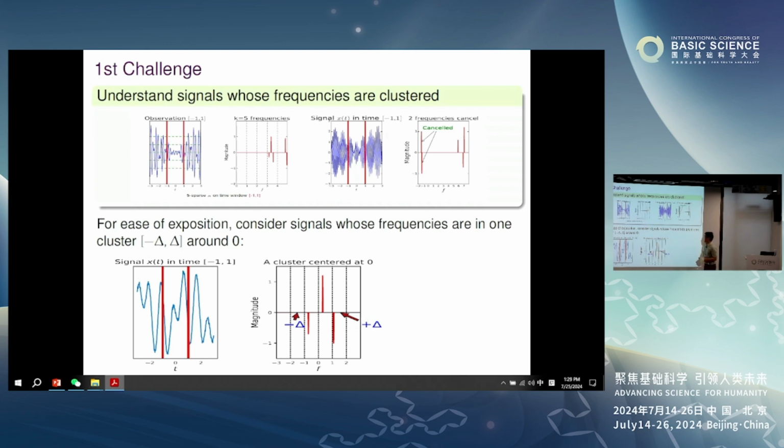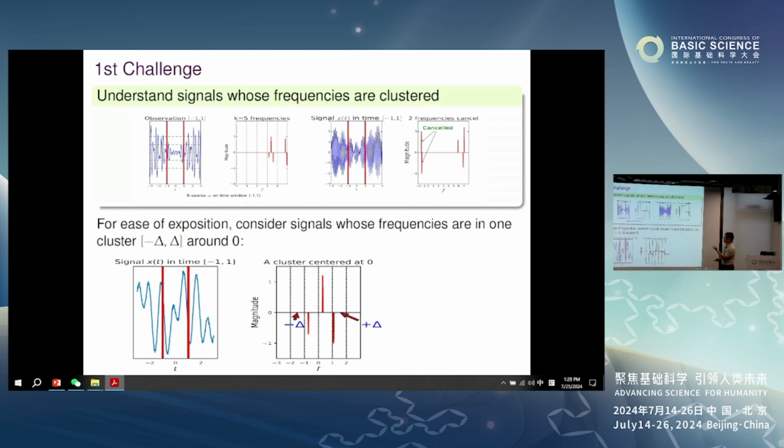For ease of exposition, we will just consider signals whose frequencies are clustered in an interval, say from minus delta to delta. You may think of delta as a pretty small constant, like 0.1. Of course, in this example delta is something like 1.5, but you may think of delta as a pretty small constant. So this means all the frequencies of my signal are around 0.